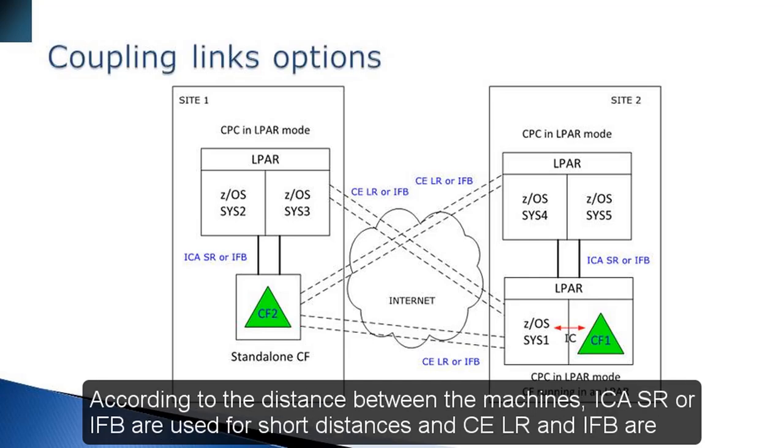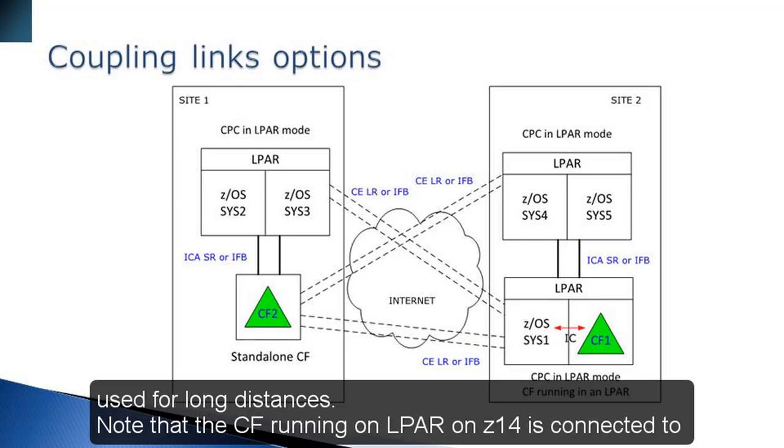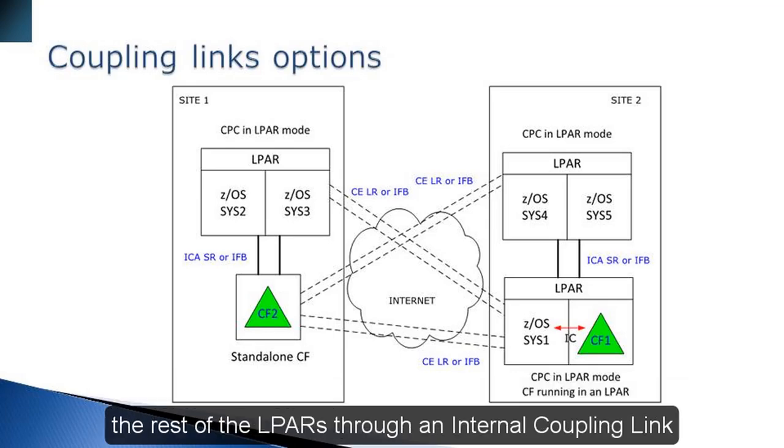According to the distance between the machines, ICA SR or IFB are used for short distances, and CE LR and IFB are used for long distances. Note that the CF running on LPAR on z14 is connected to the rest of the LPARs through an internal coupling link.